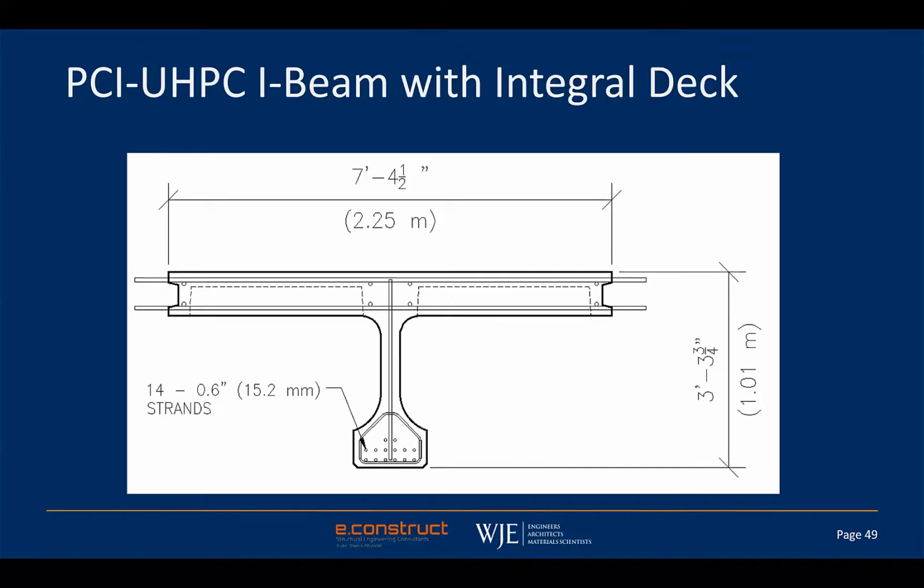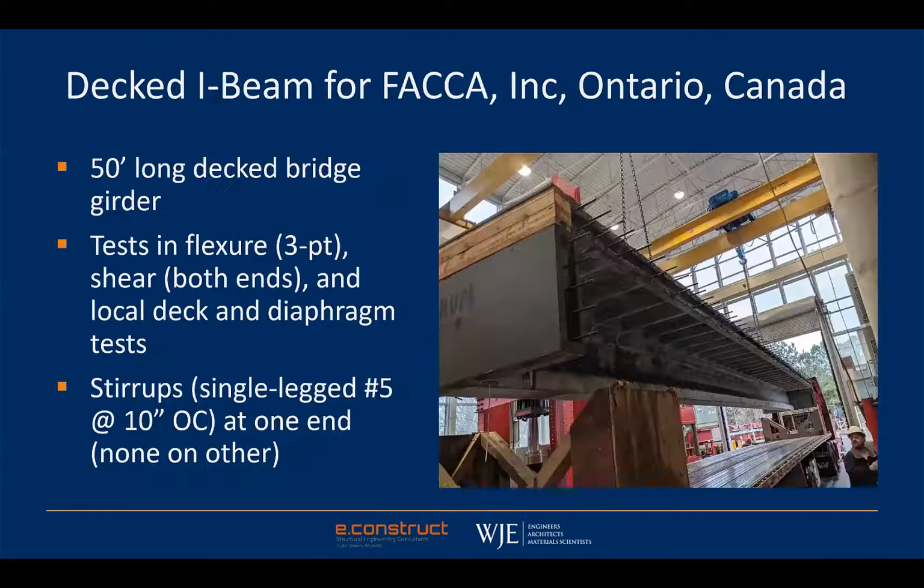If you do that, you're really doing the most optimum design of the member and also helping with accelerated bridge construction, which is a good buzzword these days, because you already have the deck part of the precast beam.